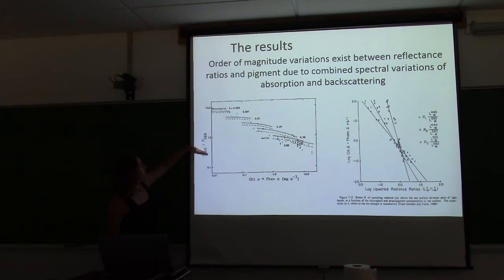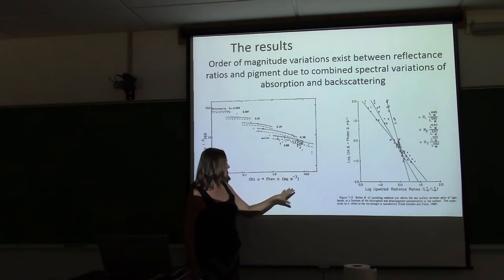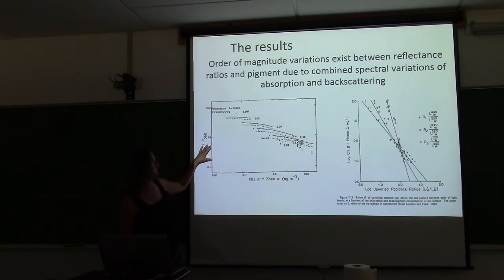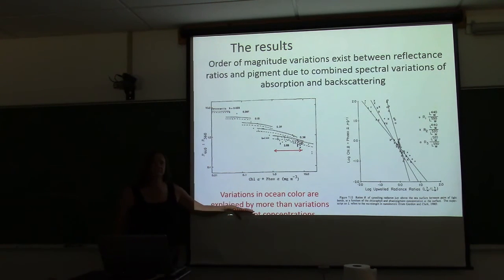But this is the reflectance ratio from blue to green versus chlorophyll for all of the models. And they find this very nice relationship. As you increase the chlorophyll concentration, this reflectance ratio goes down. Not surprising. The waters get greener the more chlorophyll you have. But there's an awful lot of variability here, right? That variability is caused by the variations that have nothing to do with chlorophyll.